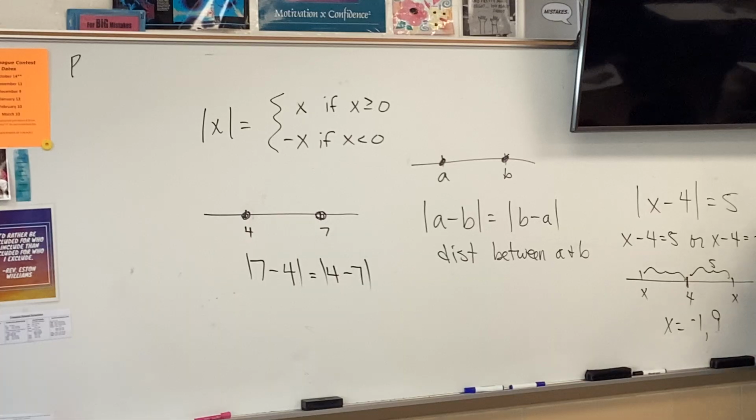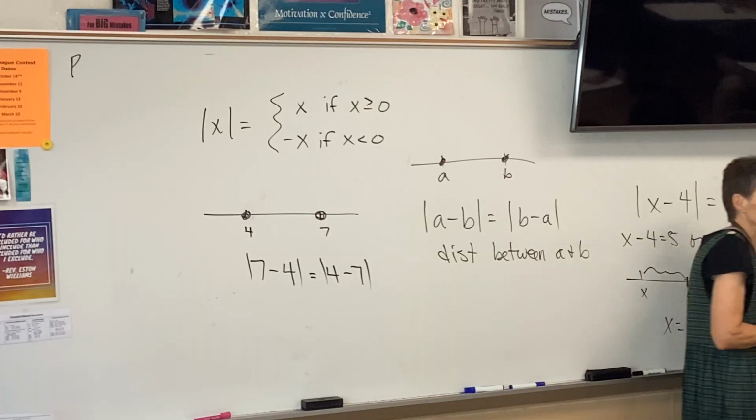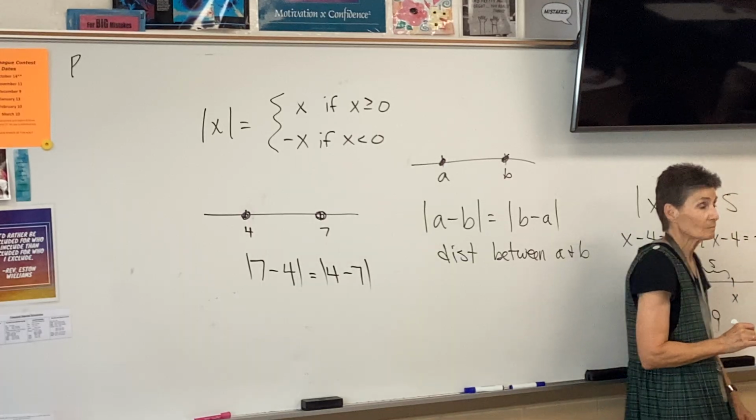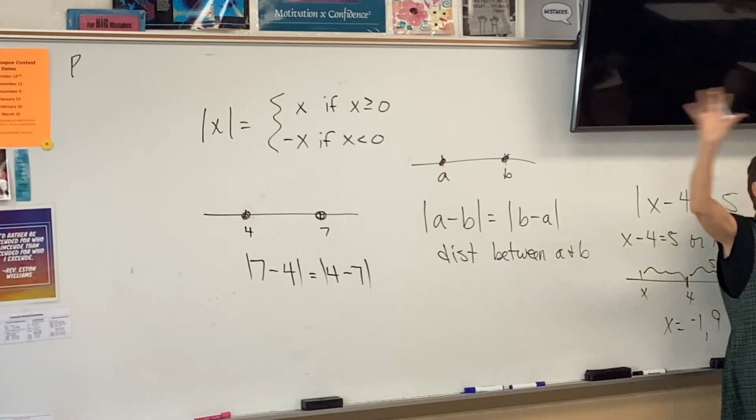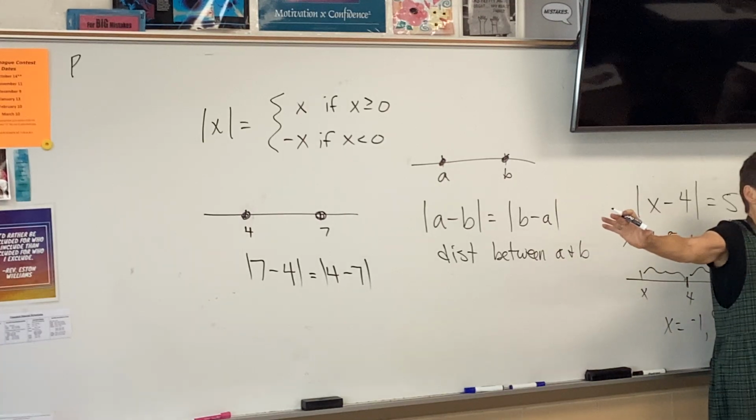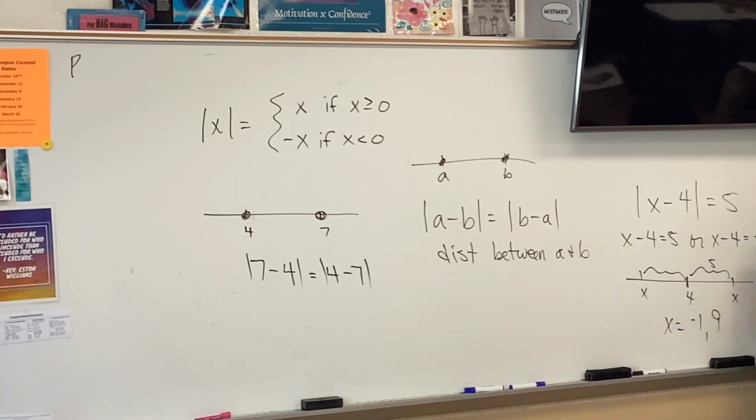So if I need to be more than 6, I am out here or out here. Did you agree with that? These are the points where I'm exactly 6. These are the points where I'm more than 6. So my answer, negative 3, 8, 4, 4, 2.